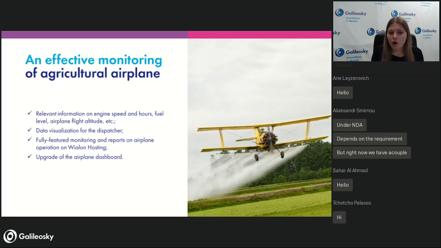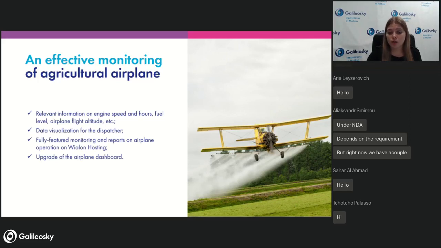So our partner, Intera company, combined various devices with software into one new system and developed an absolutely new solution. They connected Galileosky version 5.0 to the onboard plane equipment.